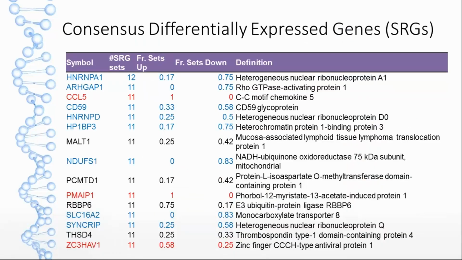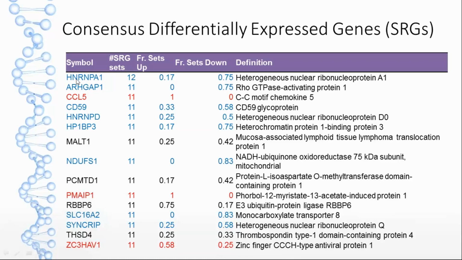The significantly responding genes can then be identified by the number of experiments and data sets where they are responding, ordered by this consensus and the number of the consensus sets they occur in.